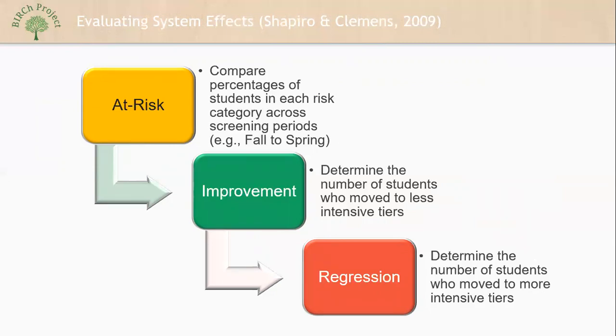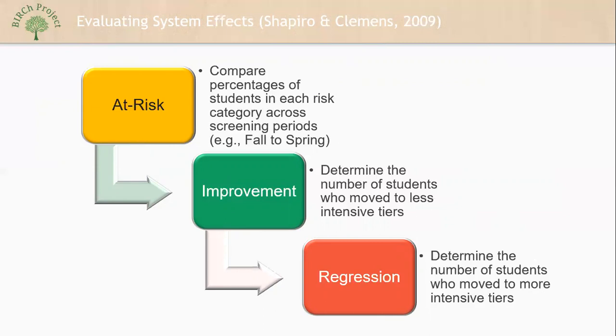So within this model, we start by comparing the percentages of students in each risk category across screening periods. So we look at our fall screening data and we see that we have 15% of the students in some risk, 10% in high risk, 25% at risk overall. Then we look at our spring screening data to see if that changes.